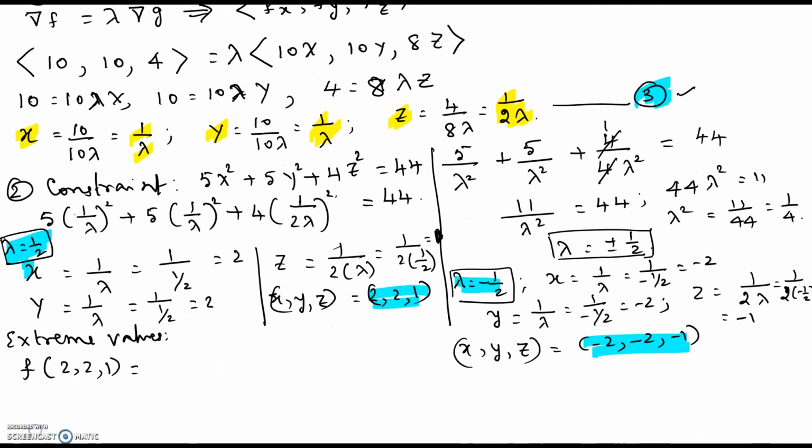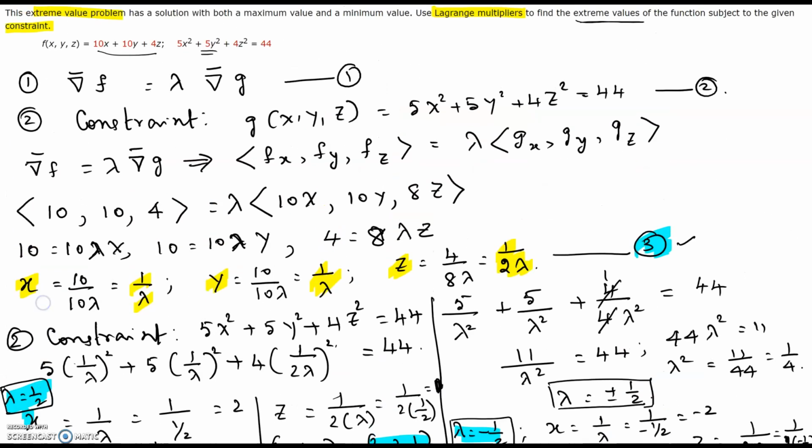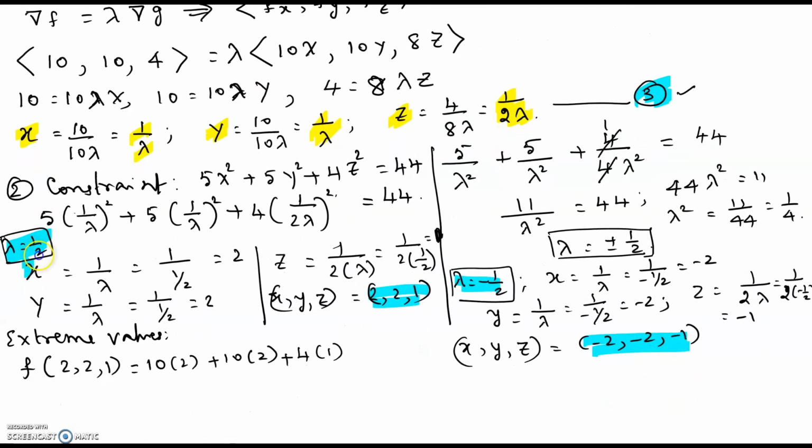So we are going to plug it into that relation. 10x plus 10y plus 4z. So if we use that, that will be 20 plus 20 plus 4, that is 44.